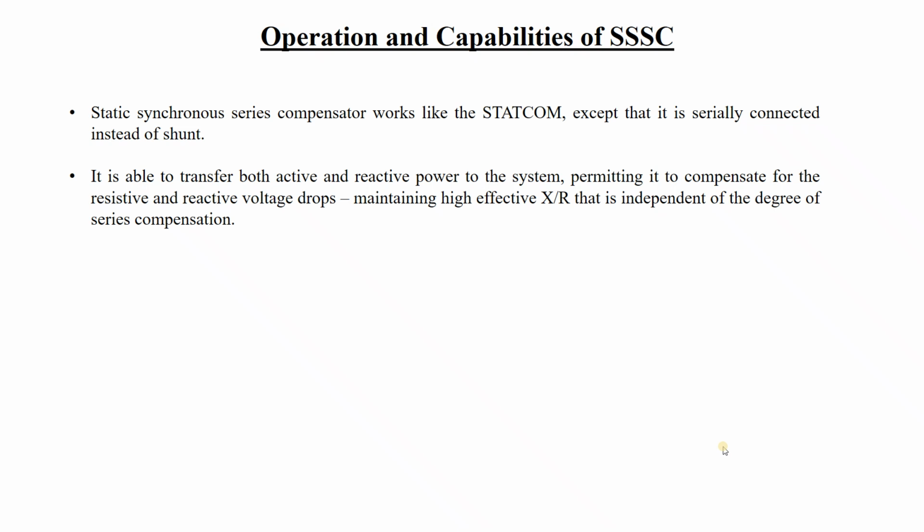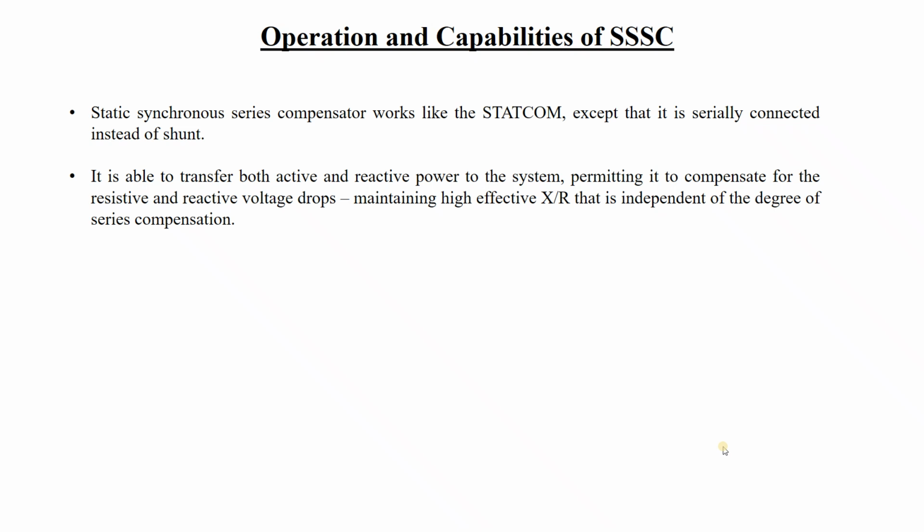So here also the current has a tendency to remain constant. But the difference is, since it is series connected, the current is not as constant as compared to STATCOM, because in STATCOM, being shunt connected, if the voltage across the shunt is constant, then the current can be kept constant.